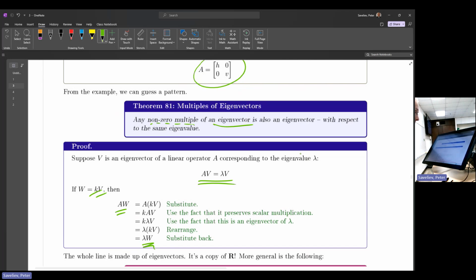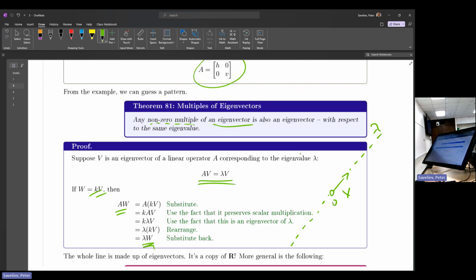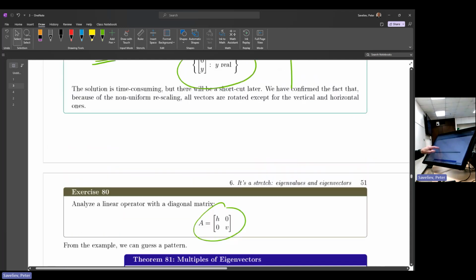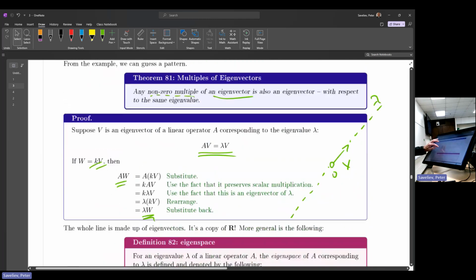So that proves that if we have one eigenvector b, then all of these multiples are also eigenvectors with the same lambda. What we observed here in the case of vertical and horizontal actually applies to all eigenvectors.